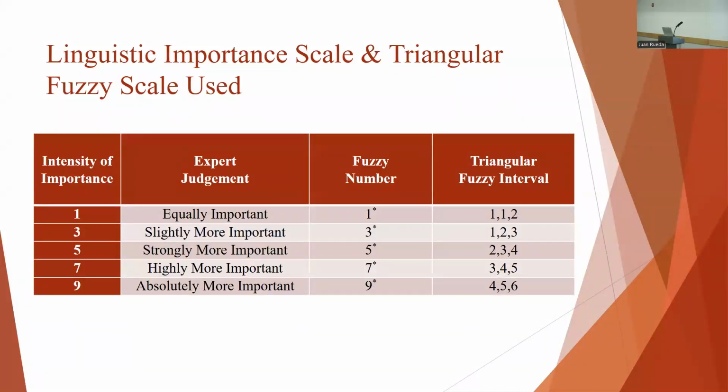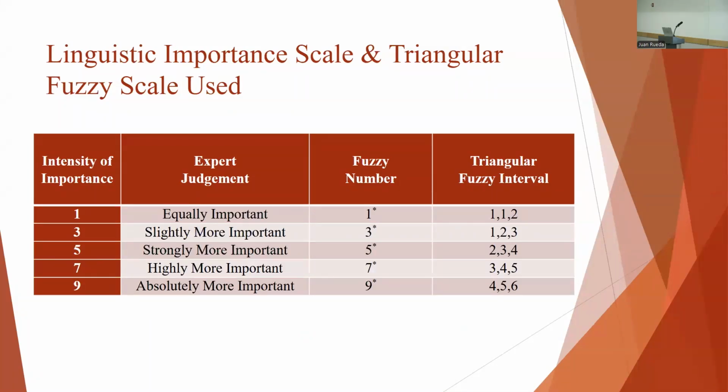So here is the linguistics using an importance scale, intensity of importance. And here's our judgment. So each expert had to look at these 5 categories here and then make a pairwise comparison of each of the attributes with another attribute. So here's our fuzzy numbers, okay?